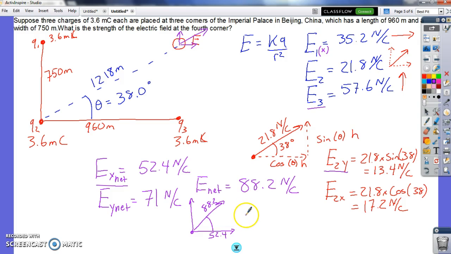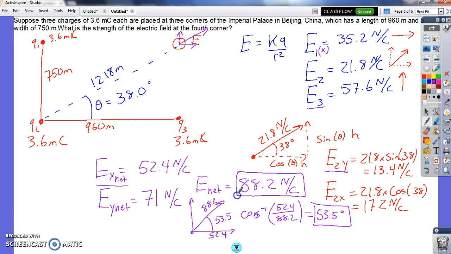So if we say that this is cosine inverse of the 52.4 divided by the 88.2, it gives us an angle of 53.5 degrees above the normal, or 53.5 degrees. And so that, combined with this, is our final answer on number 6.